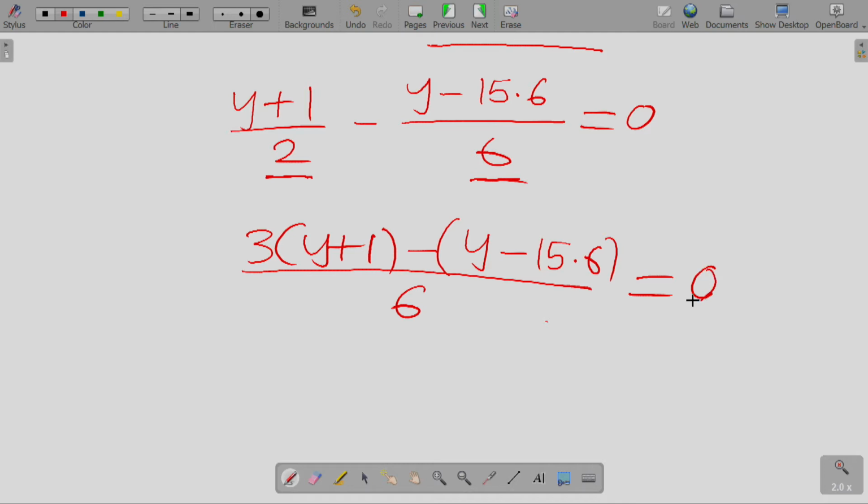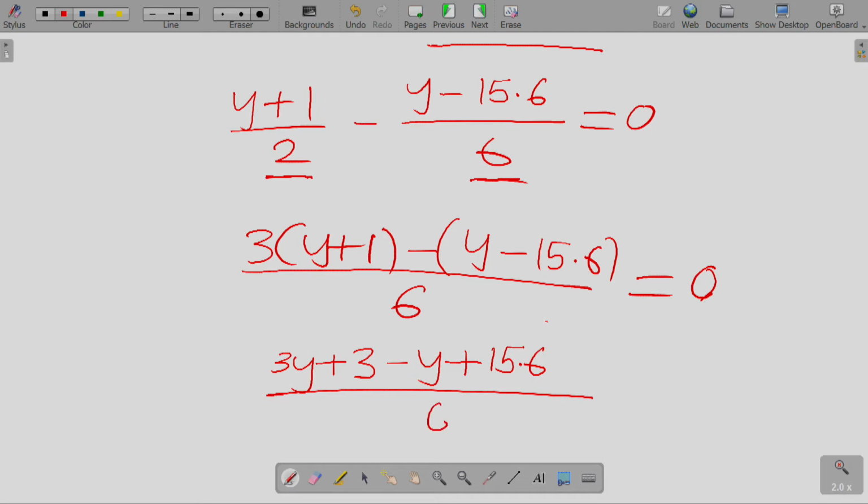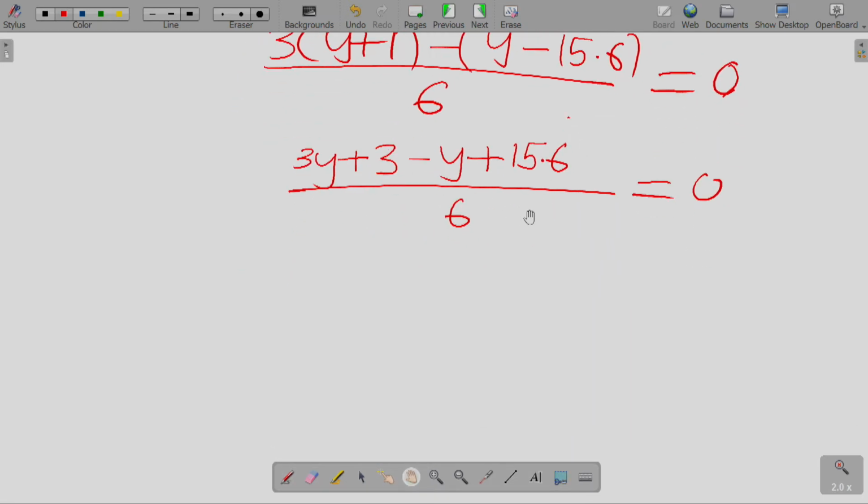The following step is to remove the brackets. So 3 times y, we'll get 3y plus 3 times 1 equal to 3, minus (y plus 15.6) whole divided by 6 equal to 0. Now the following step is to group together the like terms.